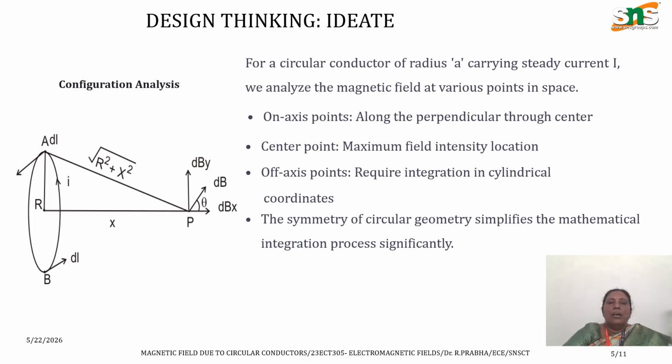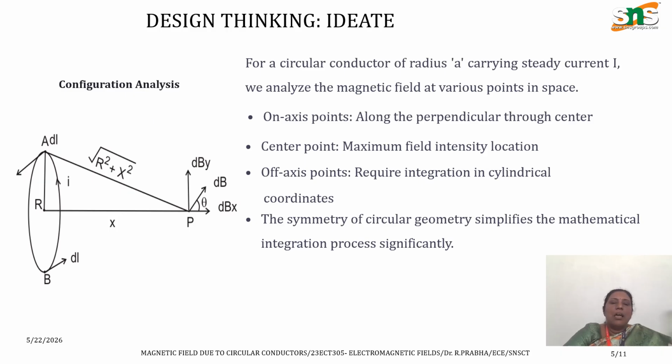Now we take the geometry of the circular conductor, which has radius a and carries current I, and we analyze the magnetic field at various points in space for this structure. We consider the on-axis point, which is along the perpendicular through the center, and the center point is the maximum field intensity location.